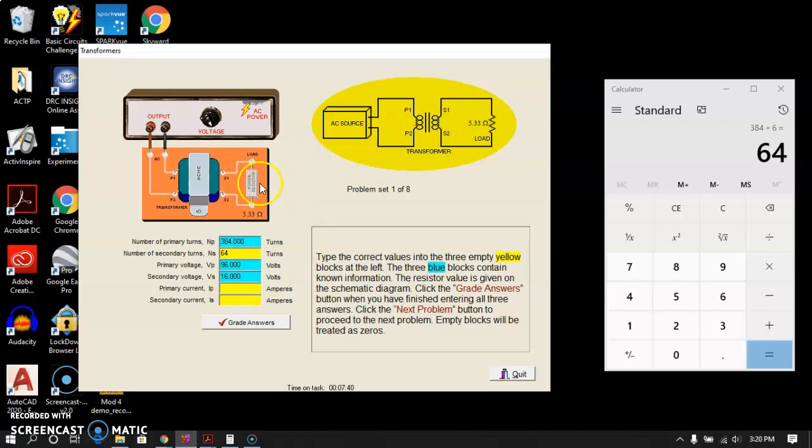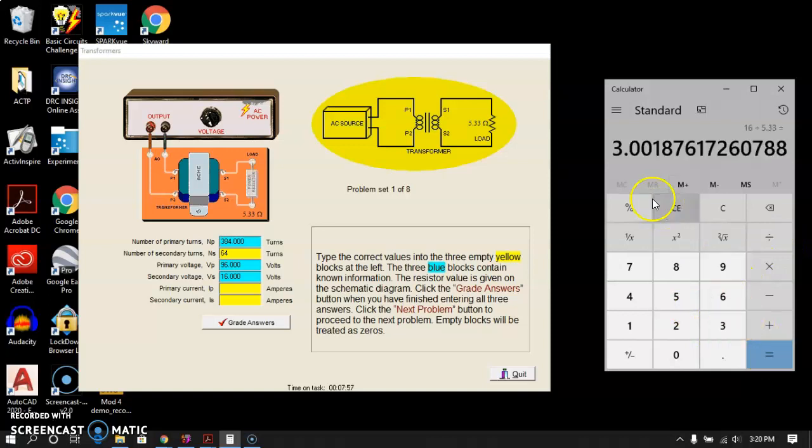Now, let's do some calculations to figure out what our current value is over here on the secondary winding. If the secondary voltage is 16 and our load is 5.33, we can use Ohm's law. 16 divided by 5.33 ohms gives us a value of 3 amps. I know that the secondary current is 3 amps. Now, because this is a step-down transformer, it's a step down in terms of voltage, but that would be a step up in terms of current.